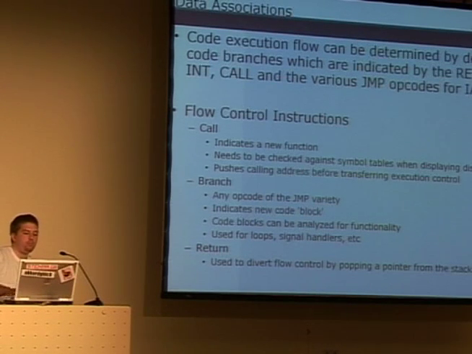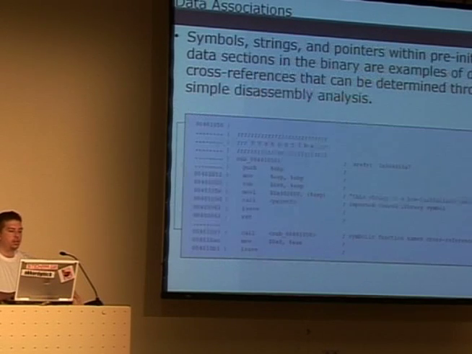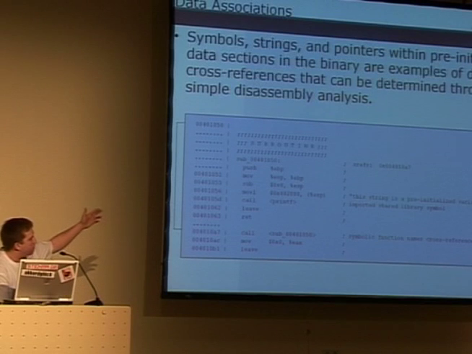And they can just be analyzed for functionality and creating this tree. As far as data associations, you're going to be looking more for the symbols, strings, and pointers within pre-initialized data. And if you get into emulation, then you can also look at pointers within heap allocated data or runtime allocated data as well.